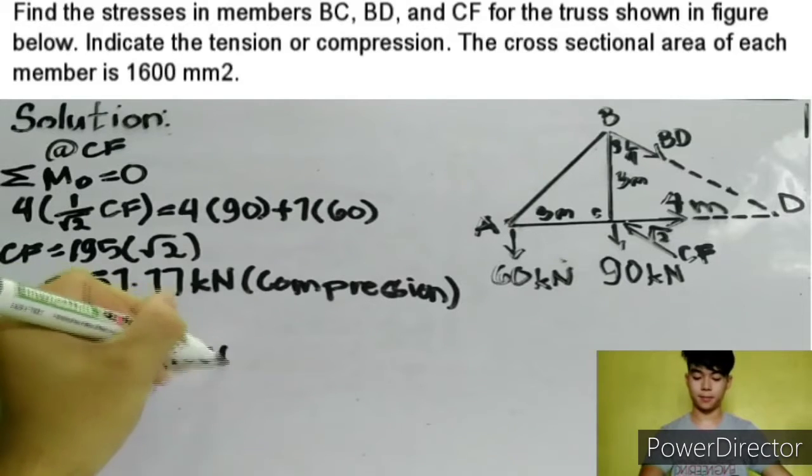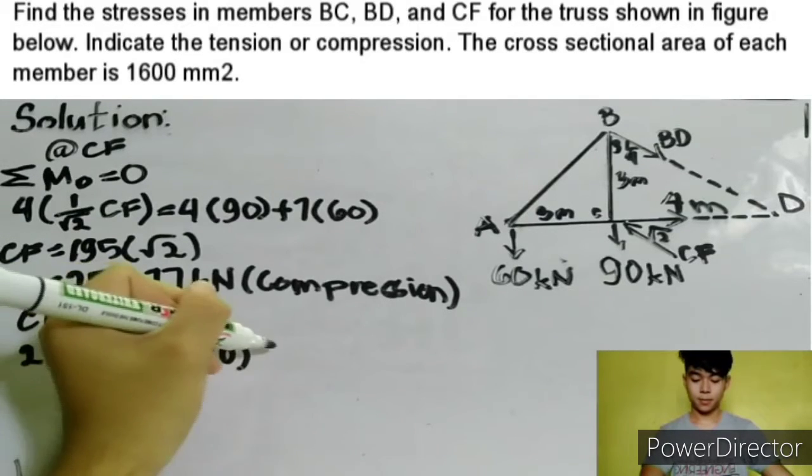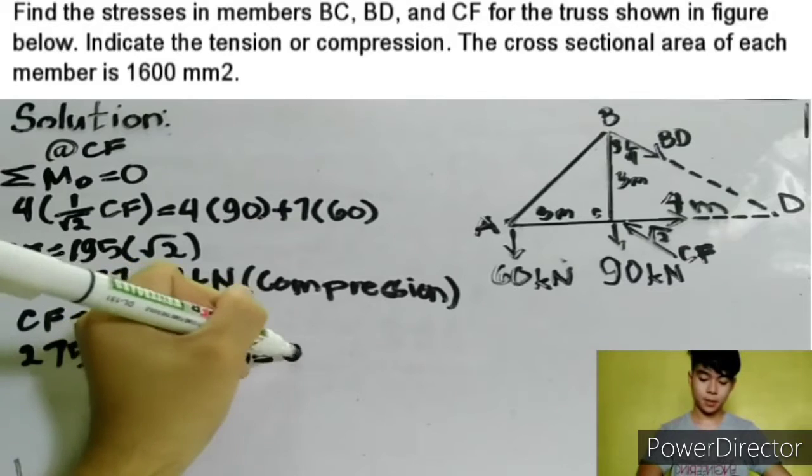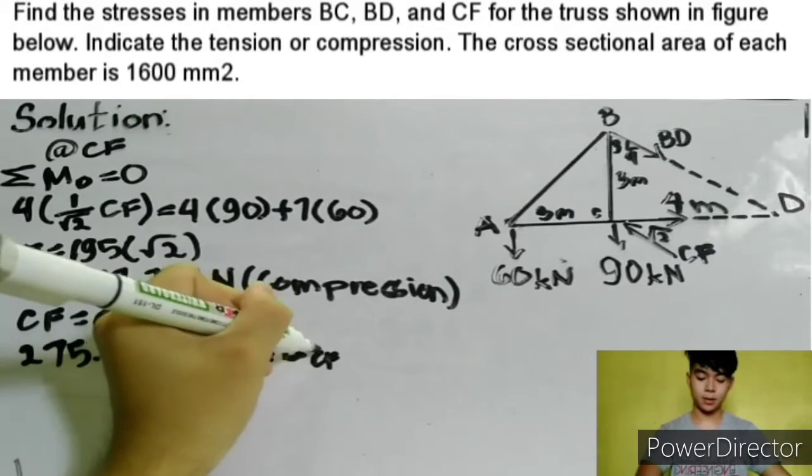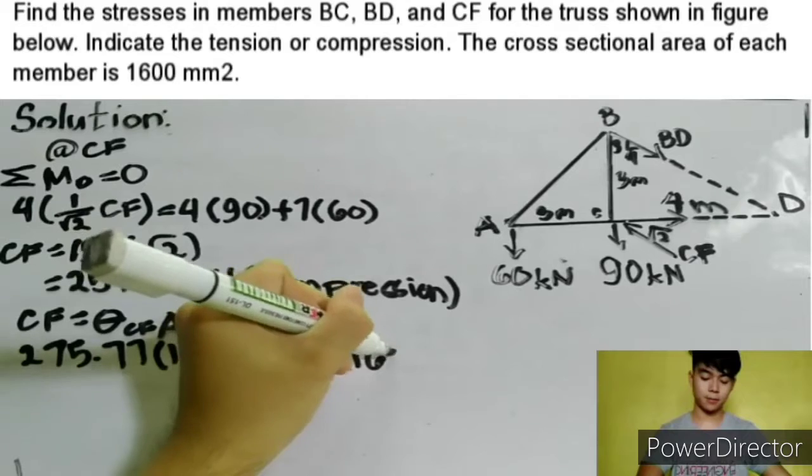Times 100 equals the stress in CF times 1600.